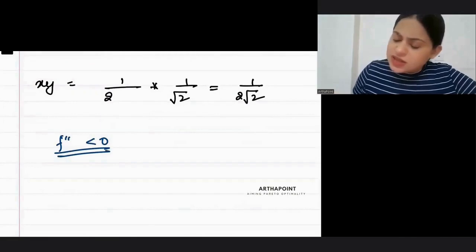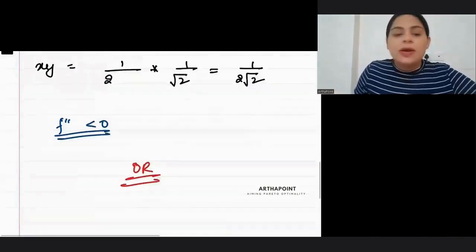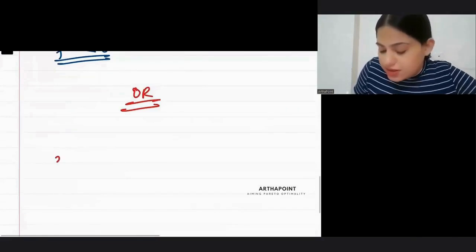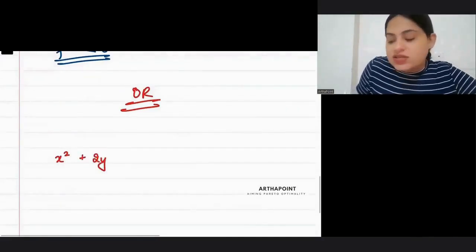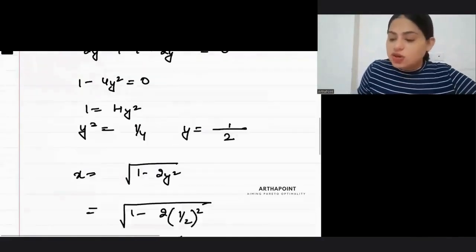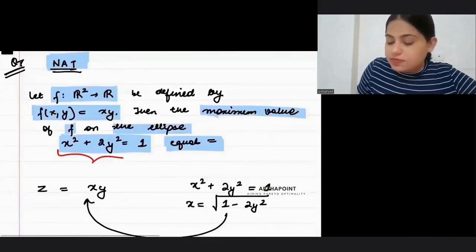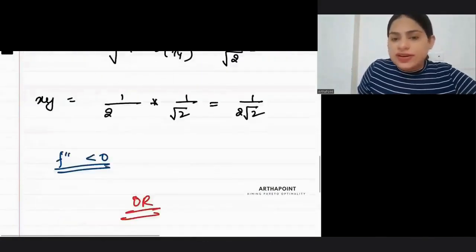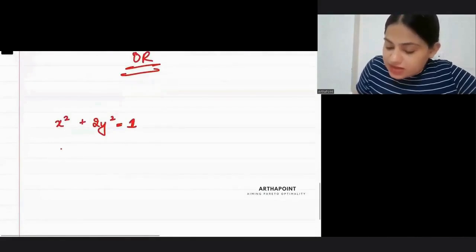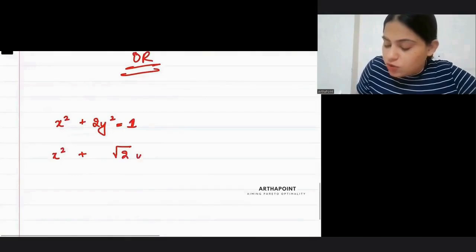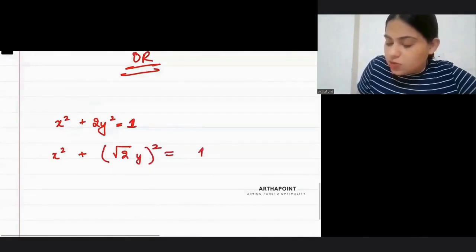Okay. There is another method to do such questions. So if you see, beta, you are given x squared plus 2y squared is equal to 1. This is the constraint that you are given. What you can do is write it like this: x squared plus (root 2 into y) whole squared is equal to 1.